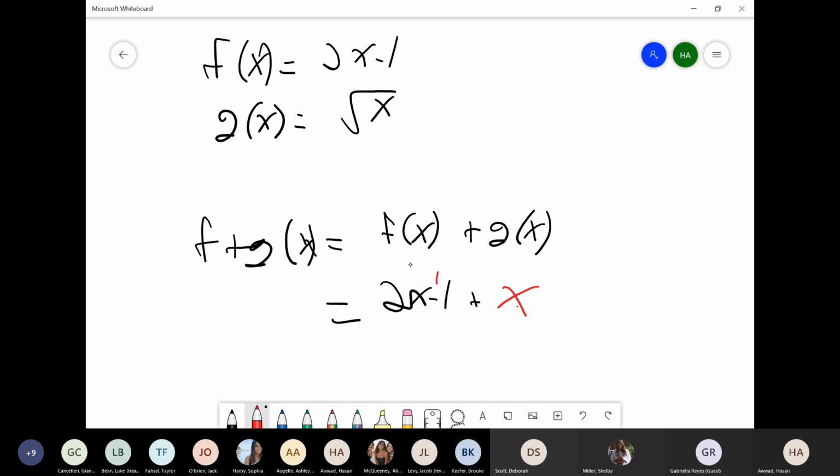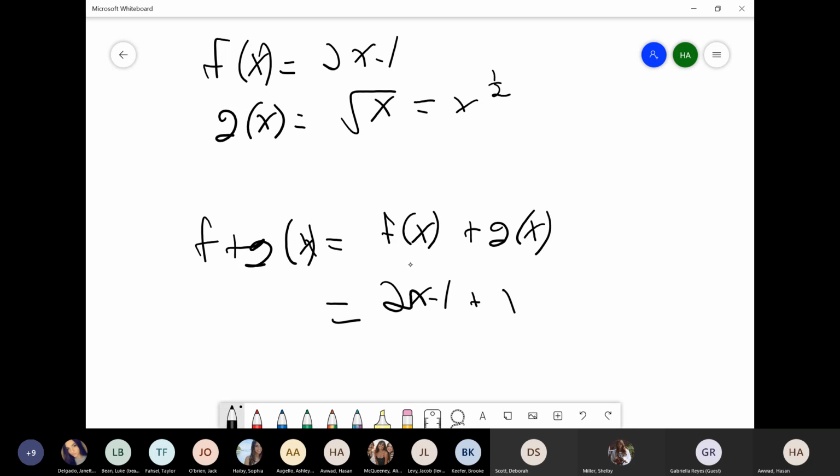Because the x's would have matching exponents of 1. But we know from previous chapters that a square root means you have an exponent of 1/2. And even if it's the same base, you can't combine numbers if they have different exponents. You would have to change the exponents first so that you could combine them.